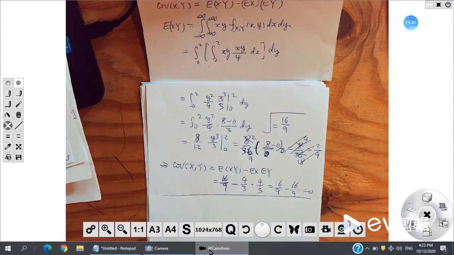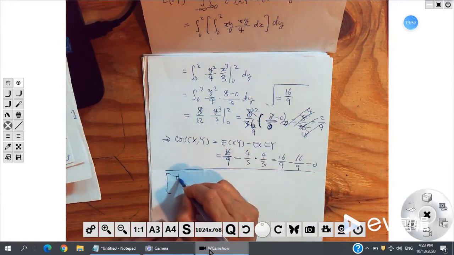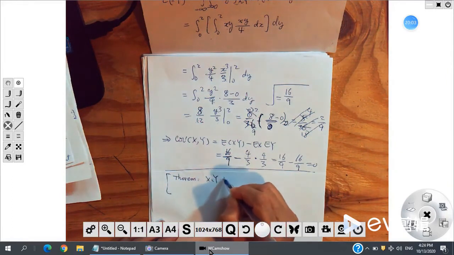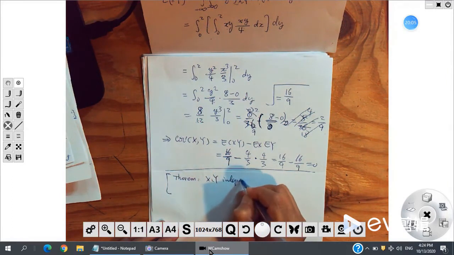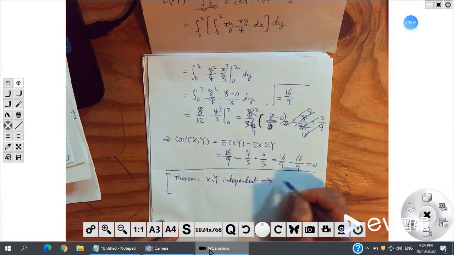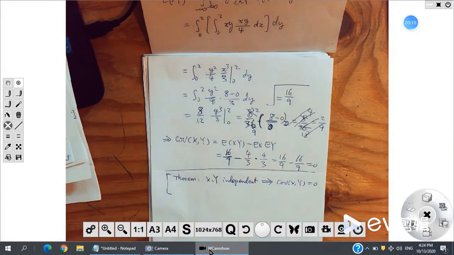Actually, here we have a general statement. We have a result. You can think this is 0. This should be a 0 in the textbook. If x and y are independent, then we can claim that the covariance of x and y is 0. The reverse is not necessarily correct.